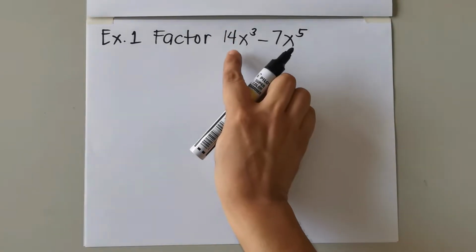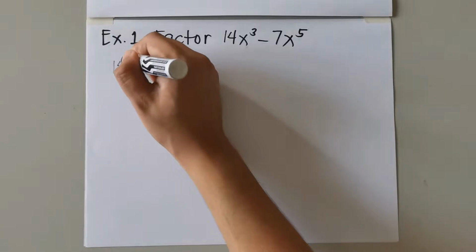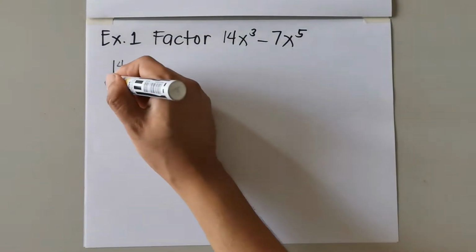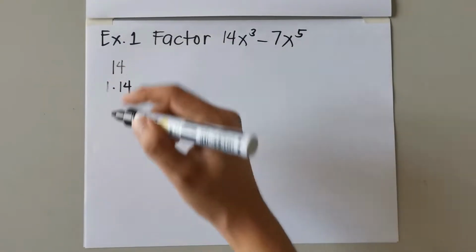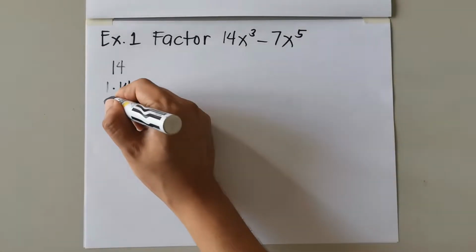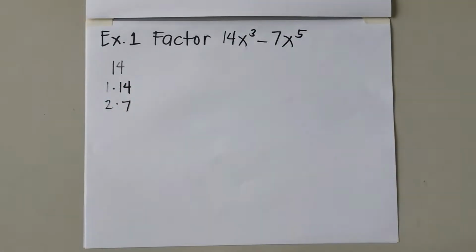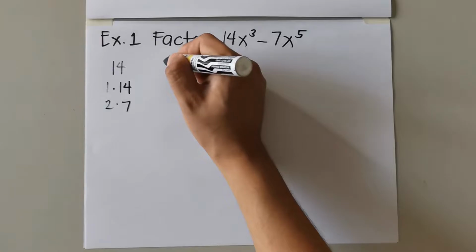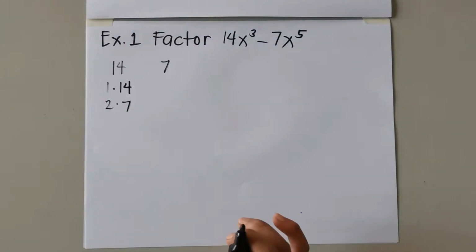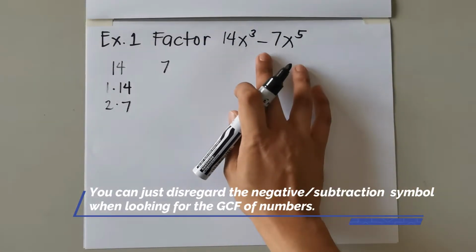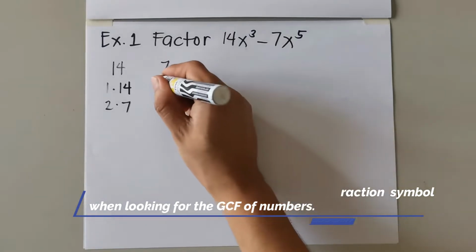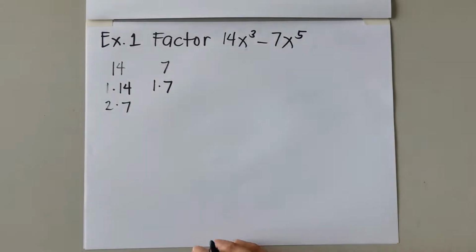For number 14, the factors are 1 times 14 and 2 times 7. Whereas for positive 7, because we don't really have to consider the negative, we have 1 times 7 and that's it, because 7 is a prime number.